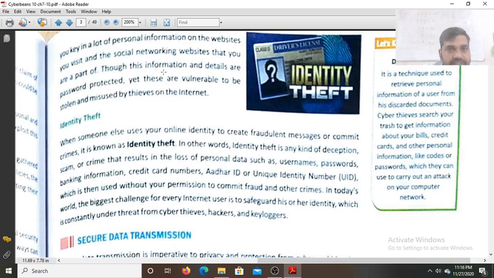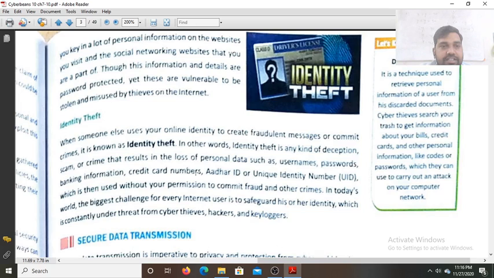Though these details are password protected, yet they are vulnerable to being stolen. They can be stolen and misused by thieves on the internet. So don't write or disclose your personal information on shopping websites or on social websites.